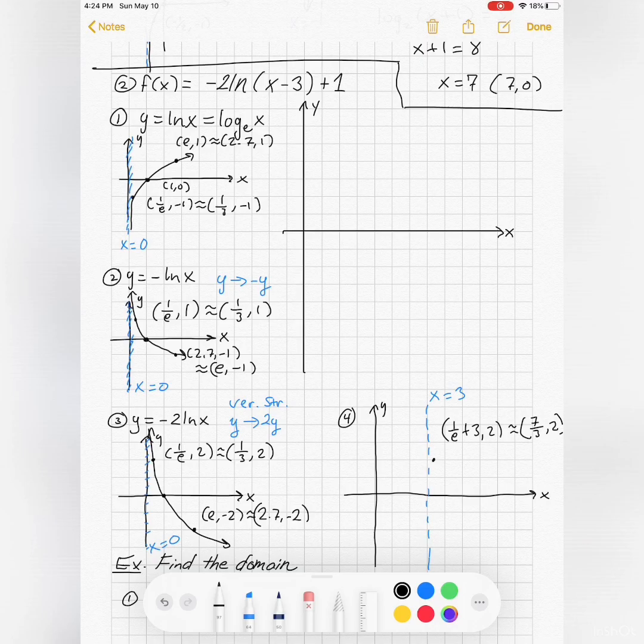And then 1, 0 is going to go to 4, 0. And then e, negative 2 is going to be 5.7, negative 2. In exact form, e plus 3.